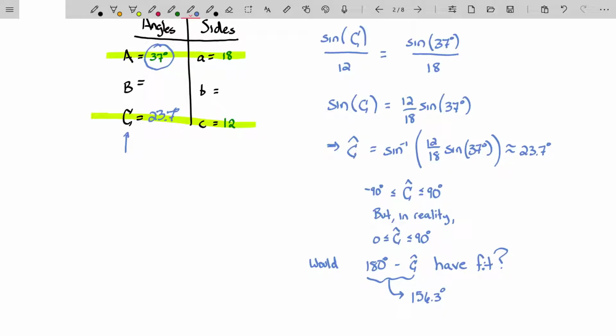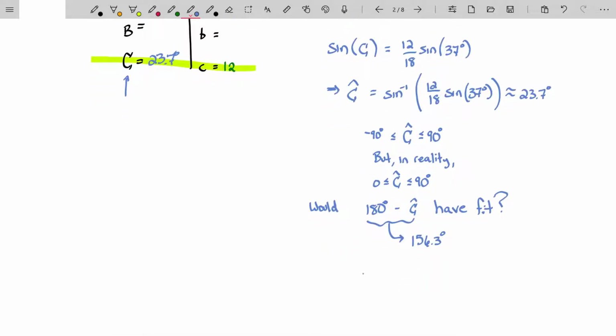If you add 156 to that, that's greater than 180. So the answer to that is no. 37 degrees plus 156.3 degrees is greater than 180 degrees, implies no. We do not have a second possible triangle.